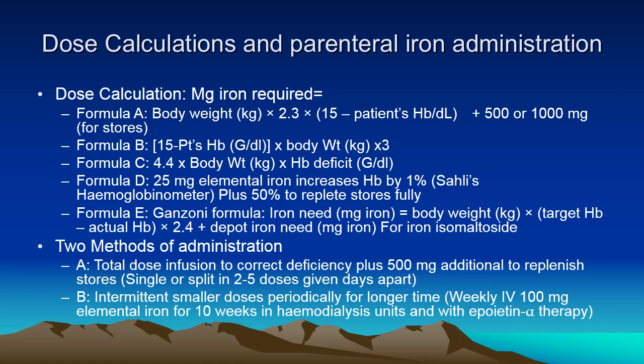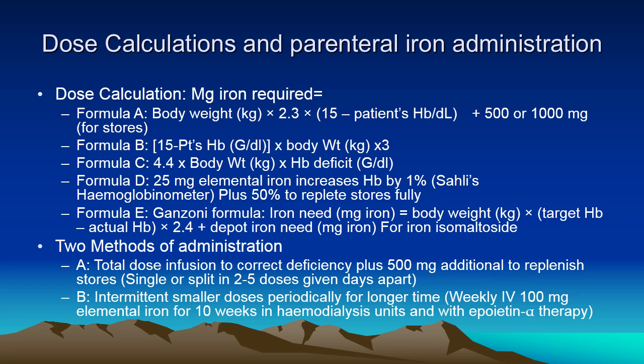Now dose calculation by using various formulae. Most common, simplest to understand is formula A, that is body weight multiplied by 2.3 and the difference in the patient's hemoglobin and 15 gram hemoglobin, plus add half to 1 gram for stores.